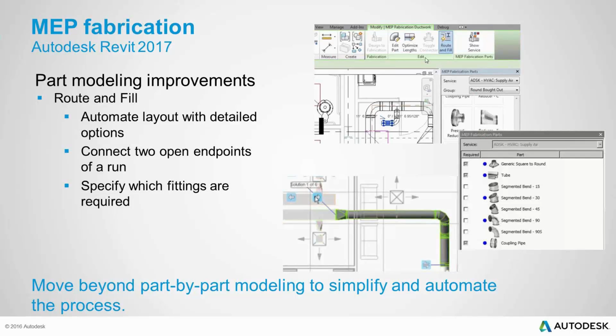It also allows you a lot of control over what you want to happen in sloped runs. And the cut into option and route and fill enables you to connect T and tap scenarios. So there's a lot of control over how you can automatically place your fittings when actually creating an automatic run between two endpoints.